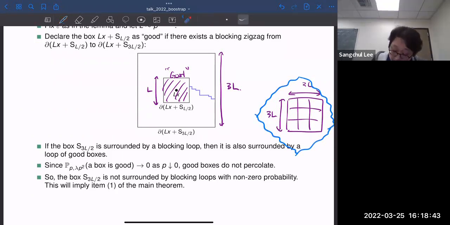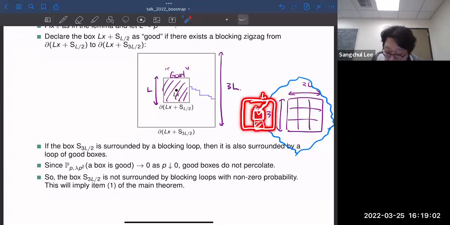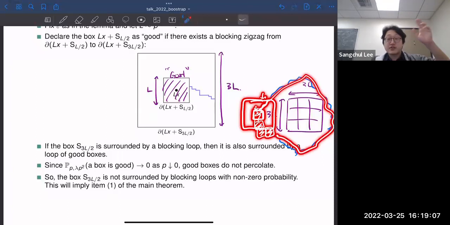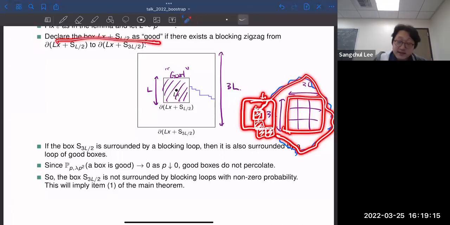Then, for example, this box will be good, because if I look at this square annulus, there is a zigzag connecting this smaller square to this larger square, so this one is good, and this one is also good. So if such a blocking structure encompassing this square exists, then in this rescaled grid I can find a loop of good boxes.